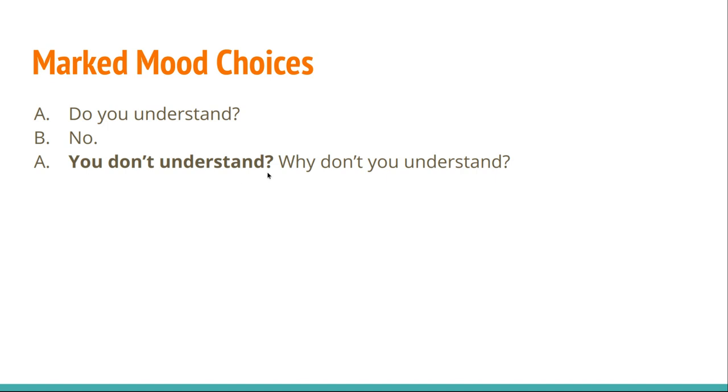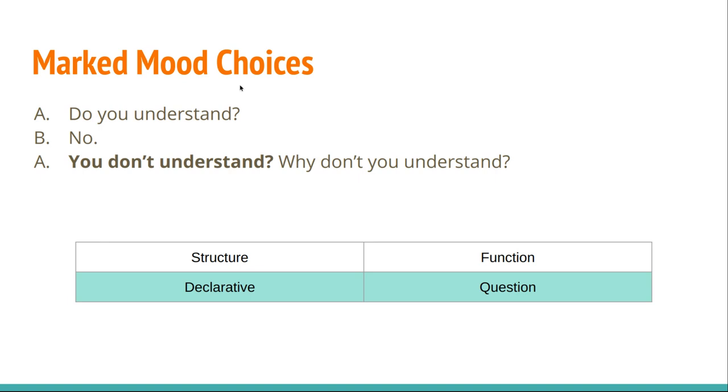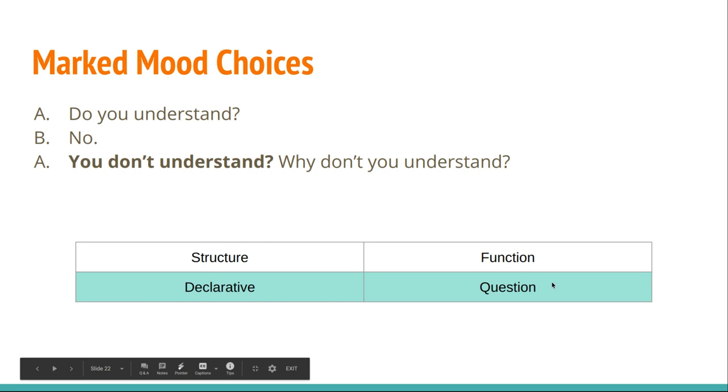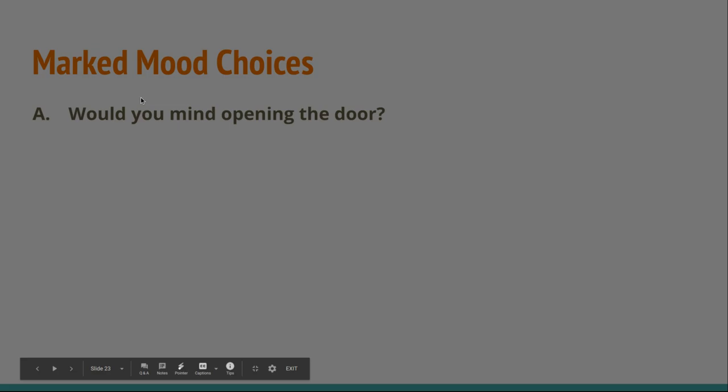What I'm doing here by adding the question mark at the end and adding the question intonation is asking a question. I'm asking a question, but I'm asking it with a declarative structure because I have a noun phrase followed by the verb phrase. So here we have a declarative structure with a question function, as you can see.